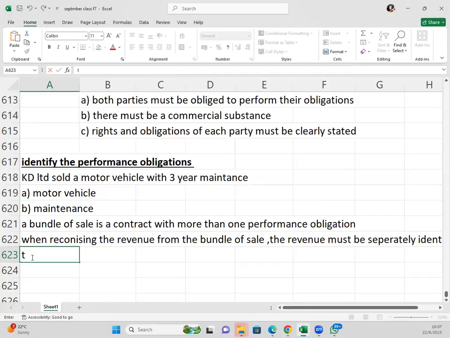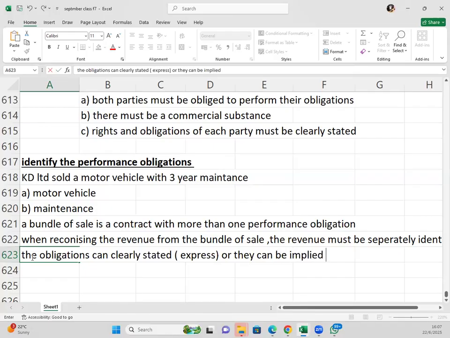So the obligations can be clearly stated, that is express, or they can be implied obligations.